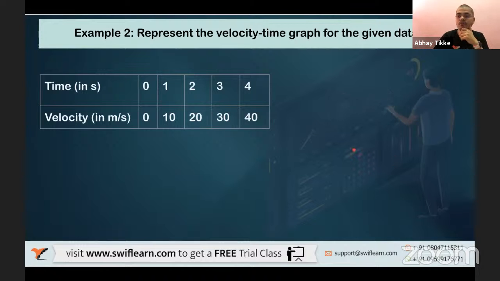Fine. So represent the velocity time graph for the data given, right? Time is given 0, 1, 2, 3, 4. Velocity is given 0, 10, 20, 30, 40. You remember this same example we discussed in this session itself, right? Yes. तो करो यूनिफॉर्म नॉन यूनिफॉर्म. देखो 0 पे 0 है, 1 पे 10 है, 2 पे 20 है, 3 पे 30 है, 4 पे 40 है. देखो चेंज कितना है? डिफरेंस 10, 20 minus 10 10, 30 minus 20 10, 40 minus 30 10. देखो चेंज कांस्टेंट है. इसका मतलब क्या है? यूनिफॉर्म नॉन यूनिफॉर्म?